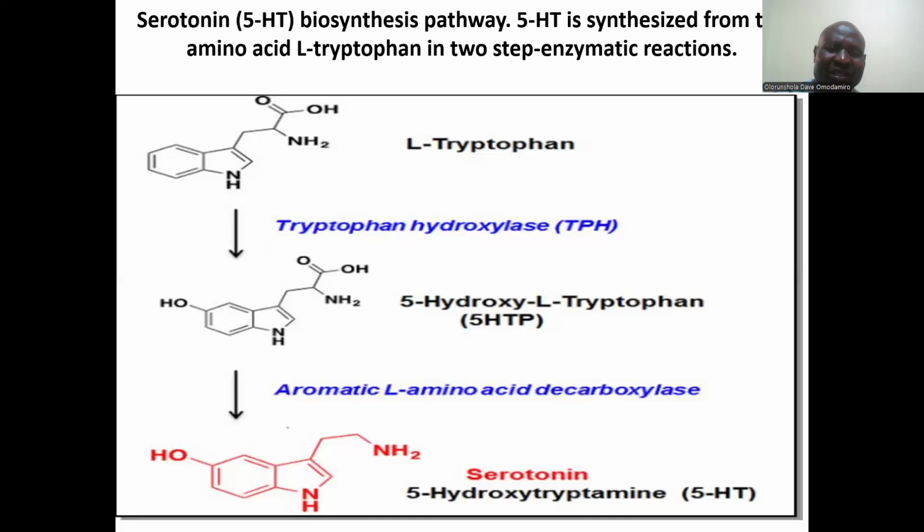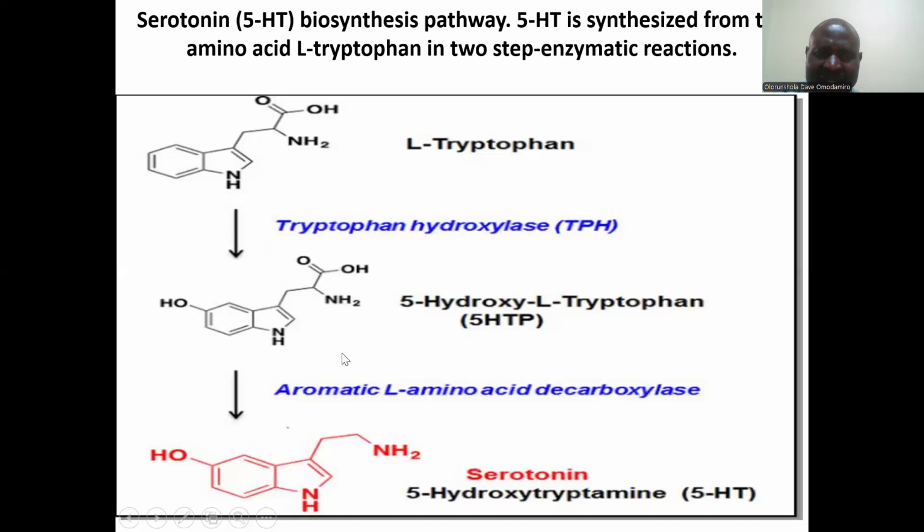Please take note of this. It appears complex, but it's a very simple pathway that synthesizes serotonin. The amino acid involved is L-tryptophan, which has to be acted upon by tryptophan hydroxylase to produce 5-hydroxy L-tryptophan.